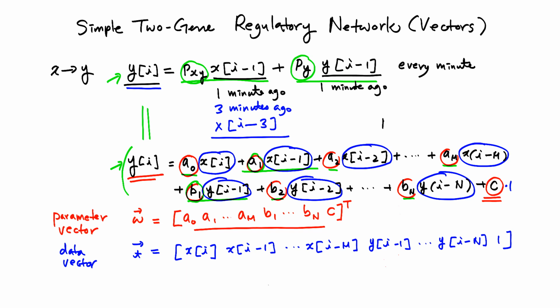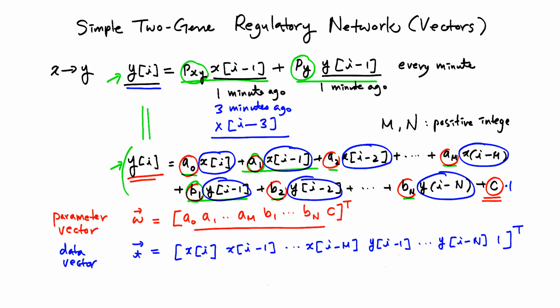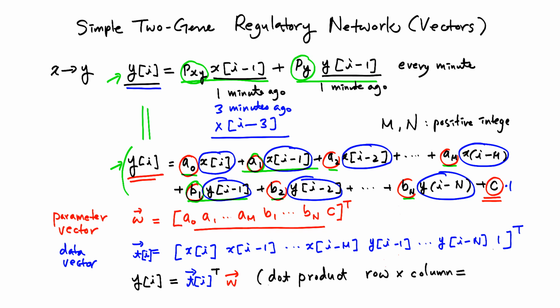By the way, this m and n are positive integers, and we also want to put a transpose sign here so that this T vector becomes a column vector. This must be T of i. And now y of i can be expressed as T of i transpose W. And this is basically a dot product. We are multiplying row by column, which results in a scalar value, a single value, which is y of i.